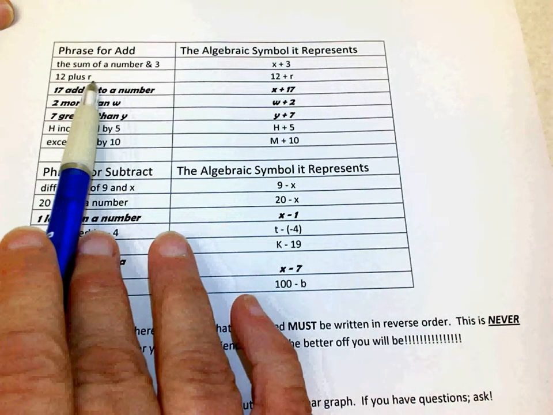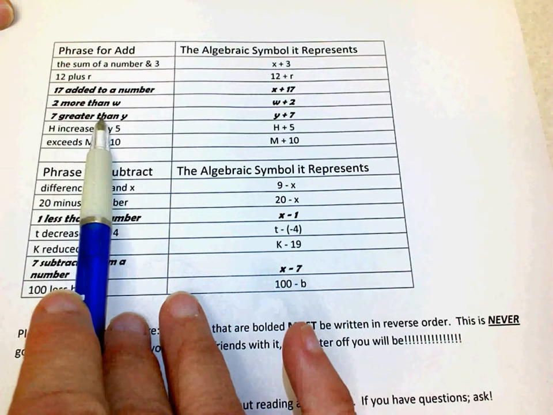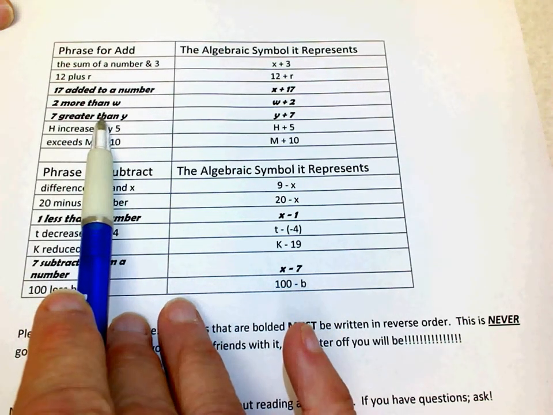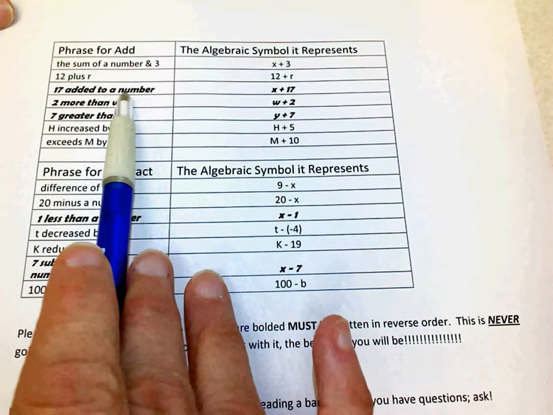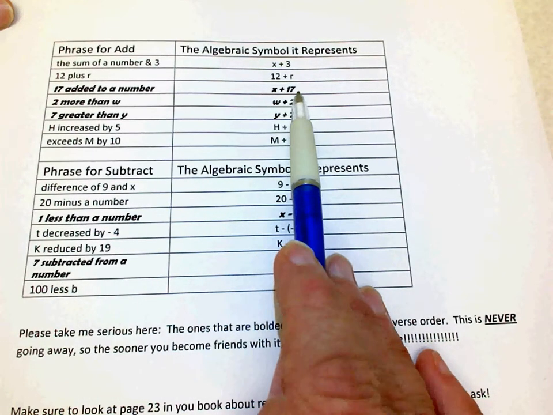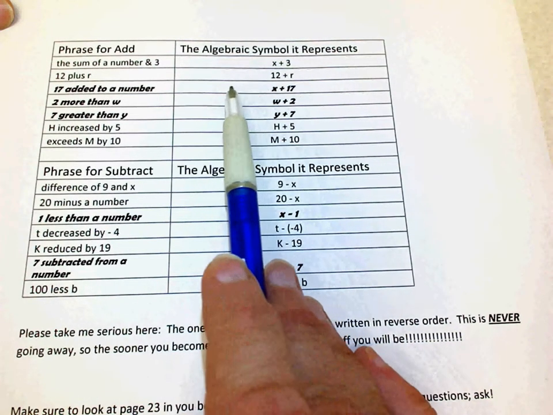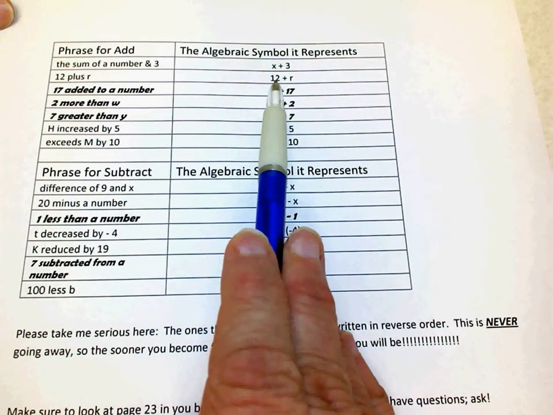Now, notice most of these are in the same order, but then you've got these 3 in the addition that are in bold. Notice this says 17 added to a number. Since we don't know what the number is, we say x, and then plus 17. But the 12 is first here, and the 12 is first here.